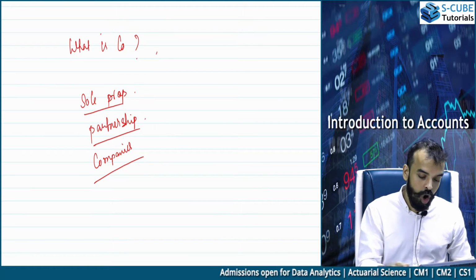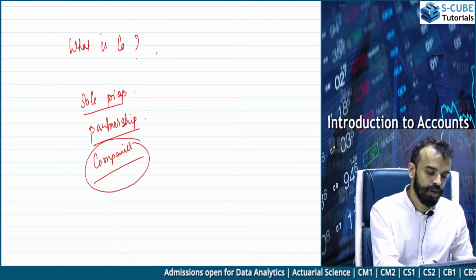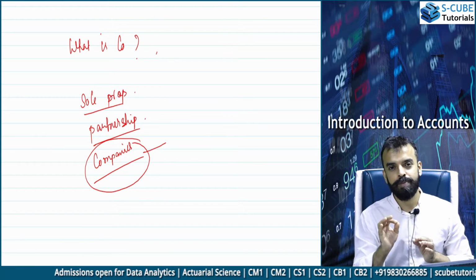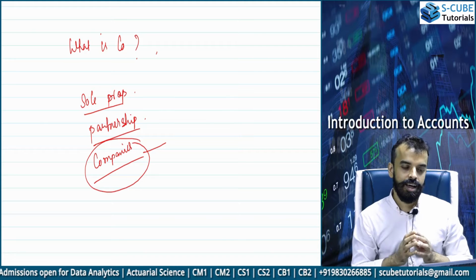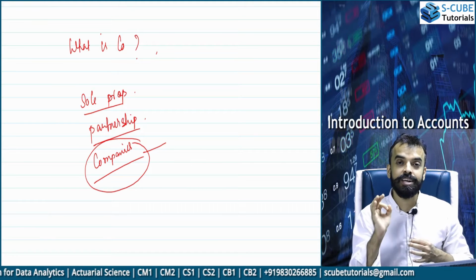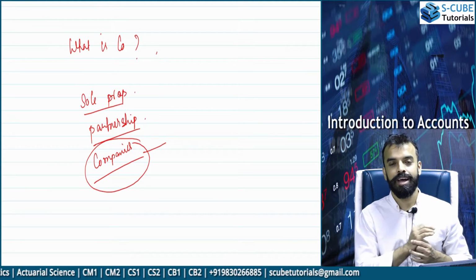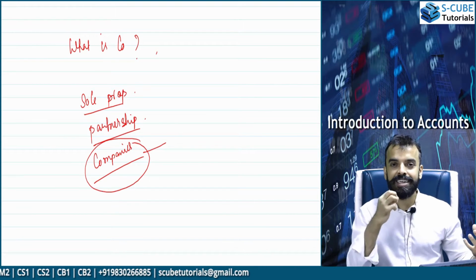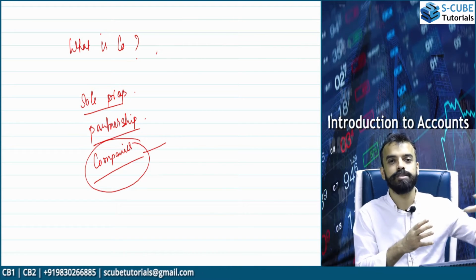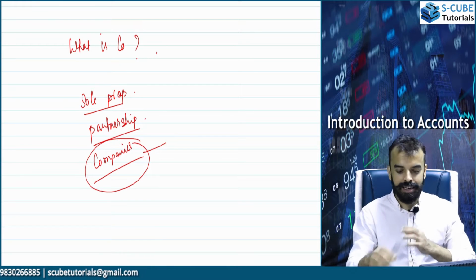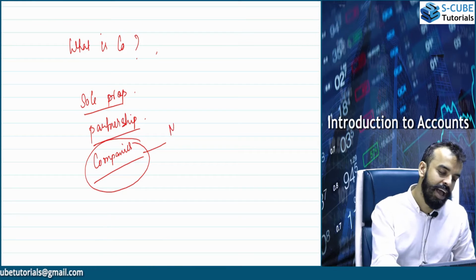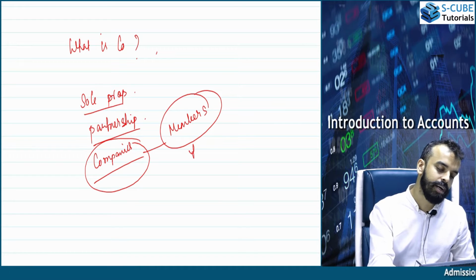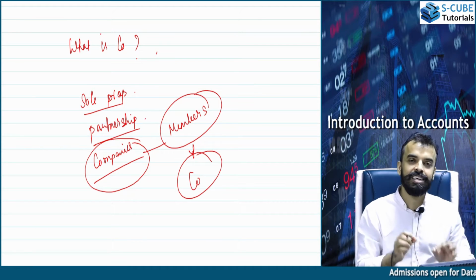But if we talk about companies, they stand out. How, sir? They stand out with respect to the fact that companies have a separate legal entity of their own. That is, the company has a status which is separate and distinct from that of its members. Company and their members have separate legal entities. So, members of a company and the company are not legally one and the same.